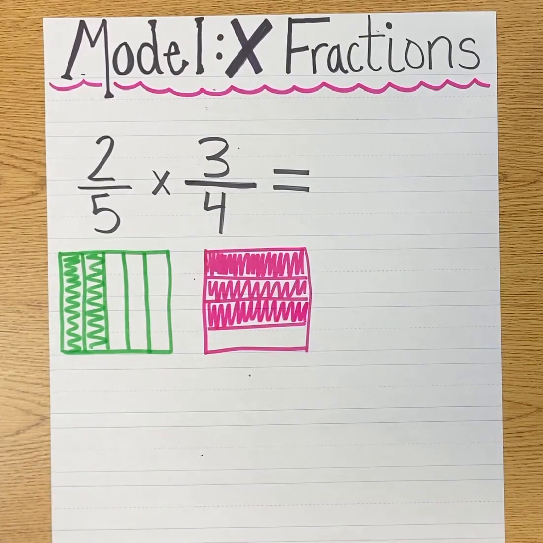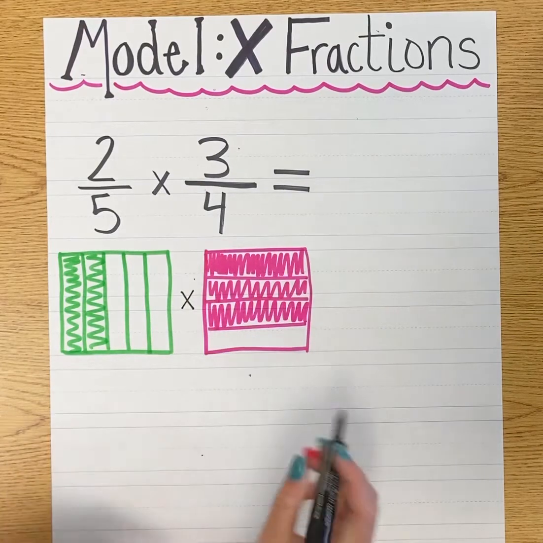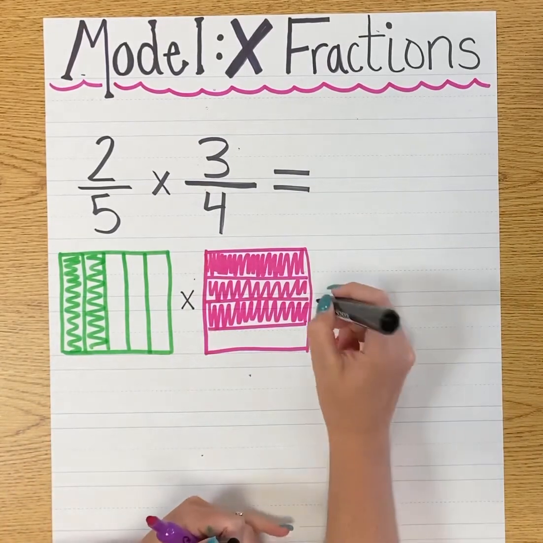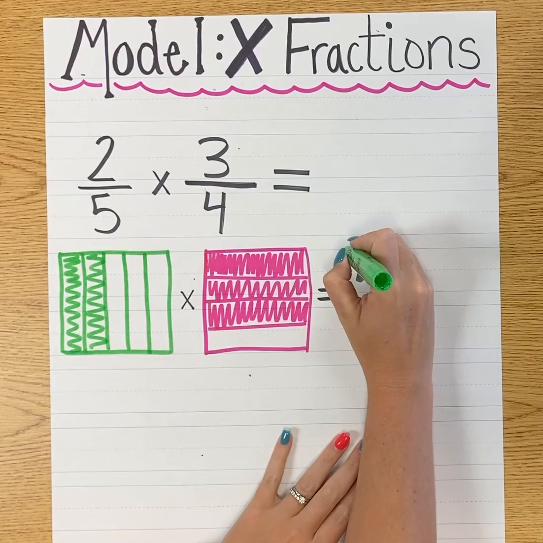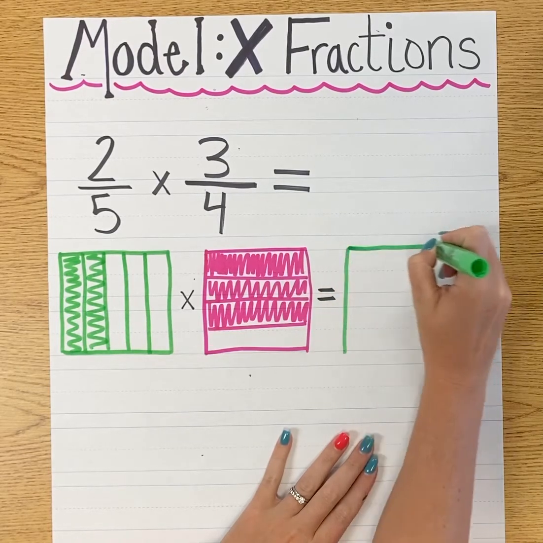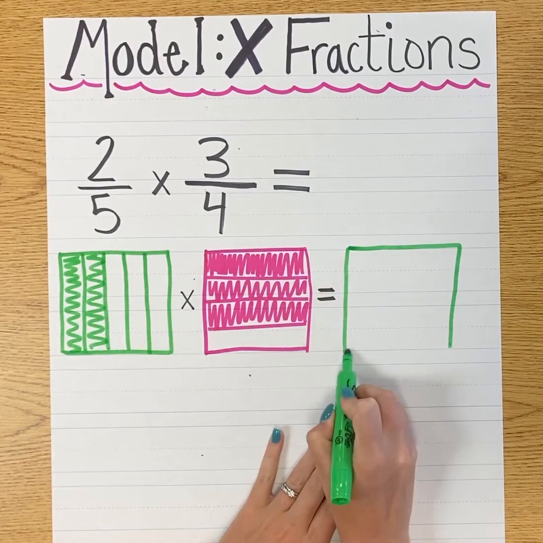All right, so now what I'm going to do is I'm going to redraw these 2 models, but I'm going to draw them on top of each other to show where they overlap. So I'm gonna draw my first one, which is my 2/5.